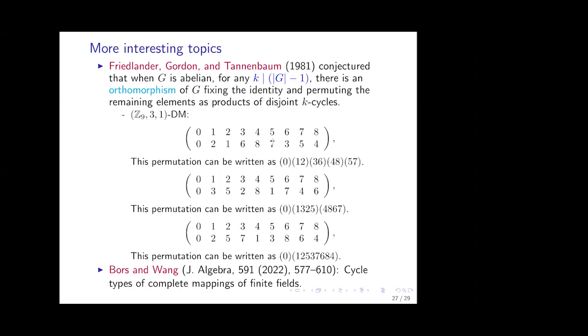So there are many other cycle types. Is it possible to form a G31 difference matrix with any given type? In the literature, there are some papers that discuss this. Here, I just list one of them. It discusses the cycle types of continuous mappings defined over finite fields.